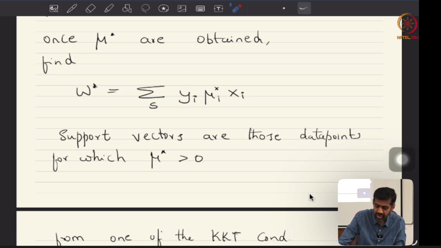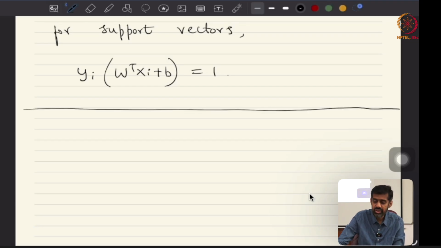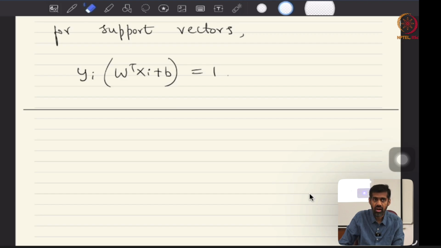Okay. Right. So now we have to improvise on this. There are two questions to be asked. The first one is, what happens if the data is not linearly separable? The second question is, can we extend this to decision boundaries that are not linear? Can we extend this to cases where the decision boundary happens to be some function of data, right?